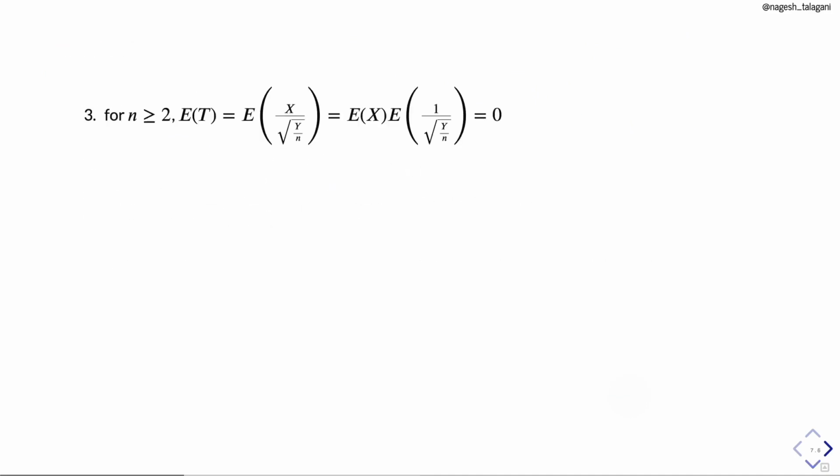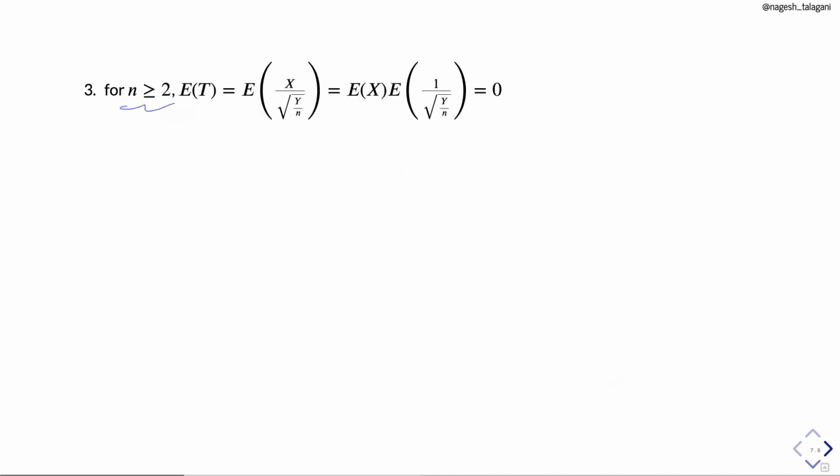Now for n greater than 1, if you want to see the expectation of t, what is t? T is x by root (y by n). So you can think of this as g(x) times h(y), where h(y) is 1 by under root (y by n). Since x and y are independent, the expectation of g(x) times h(y) should be equal to the expectation of g(x) times the expectation of h(y) when x and y are independent.